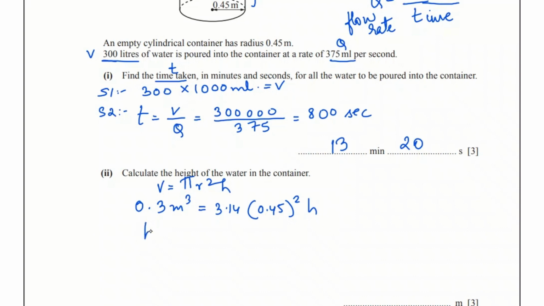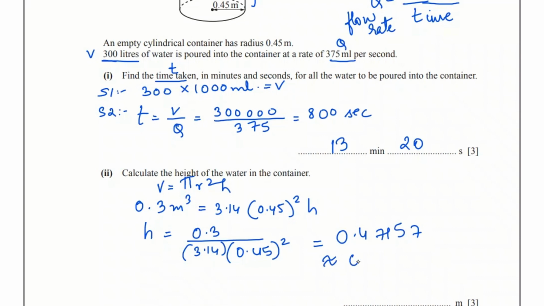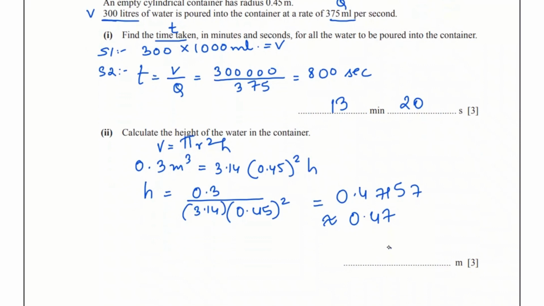So now height is equal to 0.3 upon 3.14 into 0.45 square, which gives me 0.47157. Approximately it is 0.47. Here the important step was doing this conversion of liters to meters.